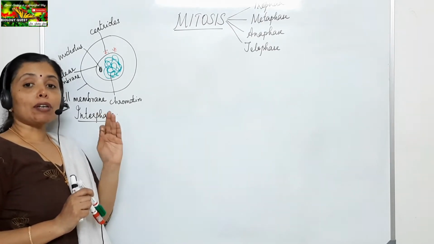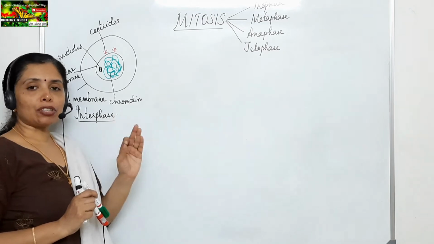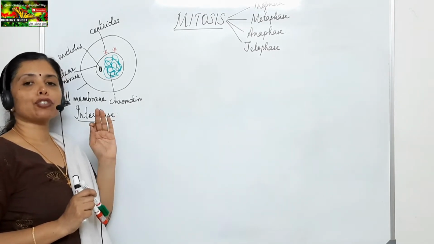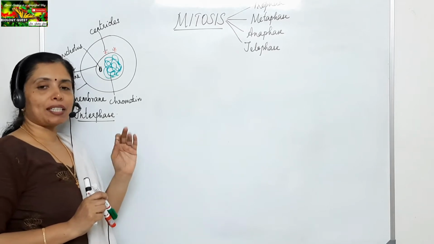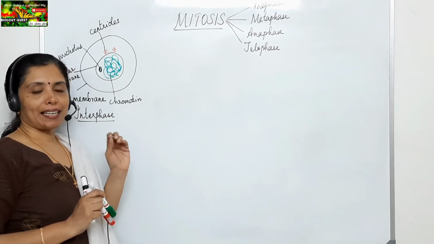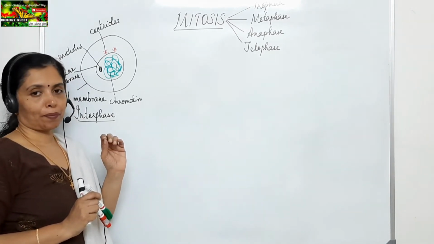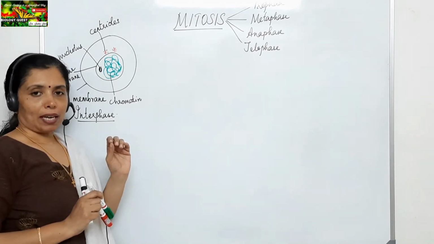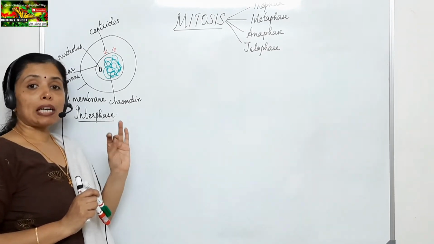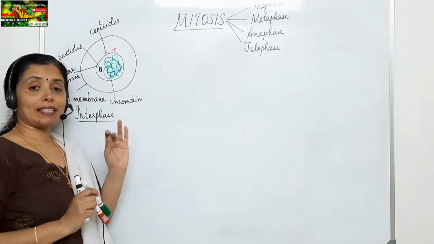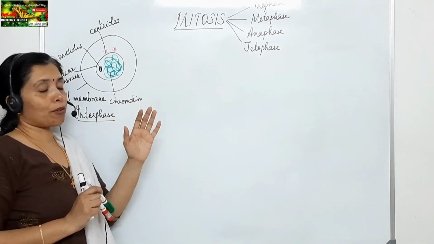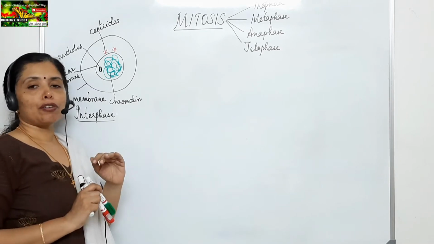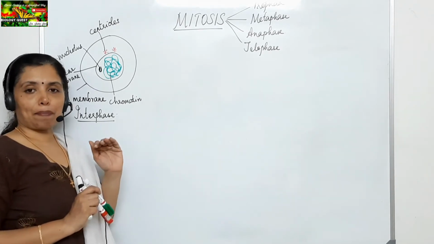Each chromosome will have 2 arms, called chromatids, joined at a region called the centromere. Third point, the nuclear membrane and nucleolus start to disappear. By the end of prophase, they will completely disappear.